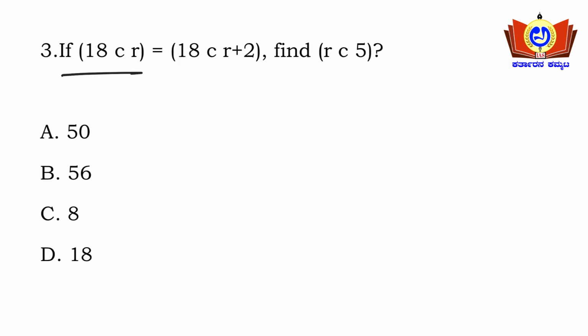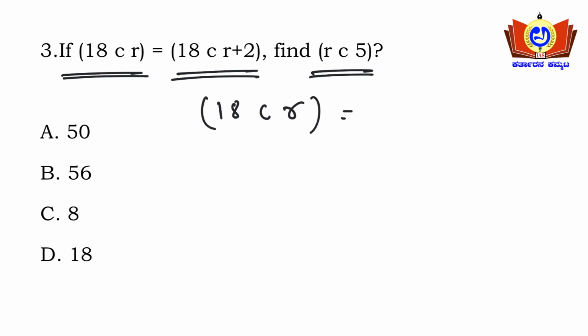If 18CR is equals to 18CR plus 2, find RC5. See here, 18CR is given, that will be equals to 18C(R plus 2). See here, actually the representation is wrong here.